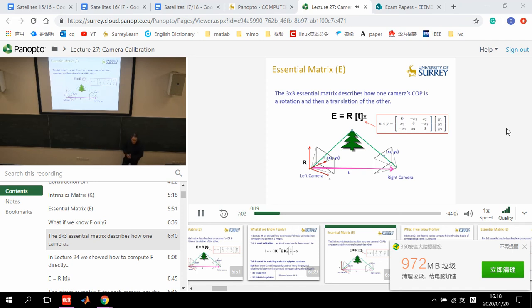But the extrinsics encode the relationship, the relative position of the right-hand camera, so camera 2, with respect to the left-hand camera. So the R that goes into the essential matrix is the relative orientation of the right-hand camera to the left-hand camera. The rotation we need to make to turn the left-hand camera to align to the right-hand camera. And the T is the shift that we would have to make to move the origin of the left-hand camera to the right-hand camera.